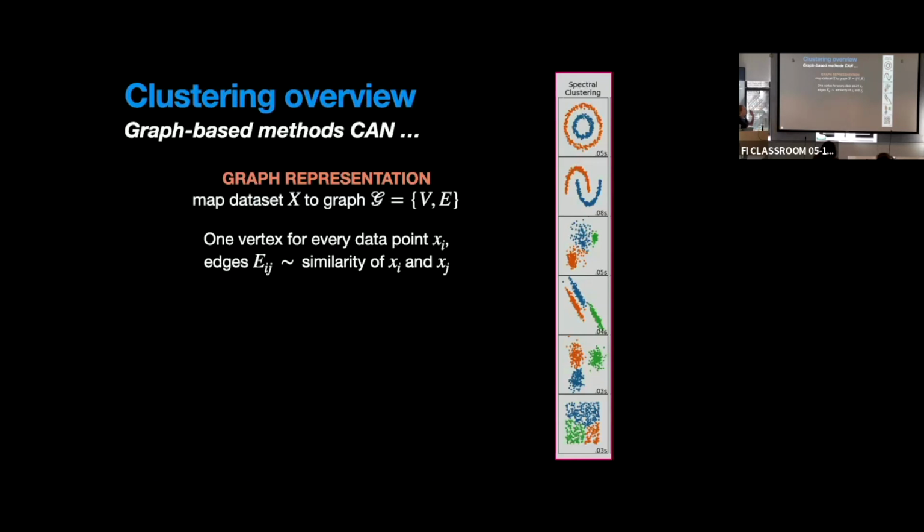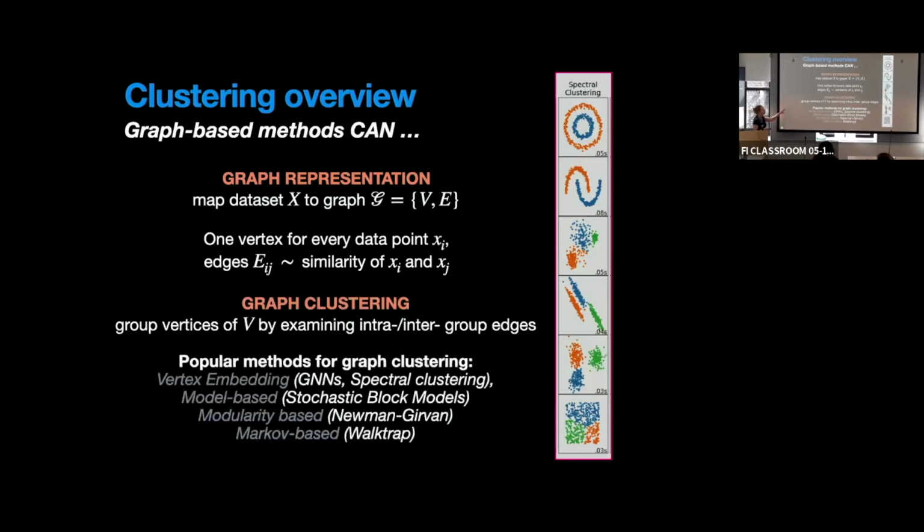The way the clustering works is you look at your graph with your edges, and then you cluster based upon those weights and those edges between the different nodes of your data. There are a variety of different graph clustering methods, which you may have heard of: graph neural networks, stochastic block models. I'm going to talk about Walktrap, which is a Markov-based approach. Okay, this seems promising.